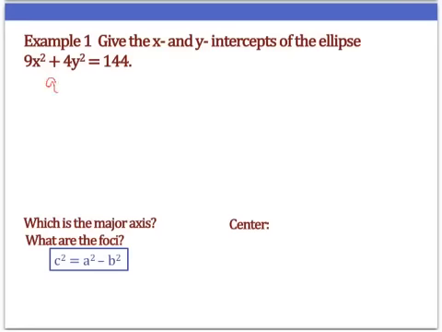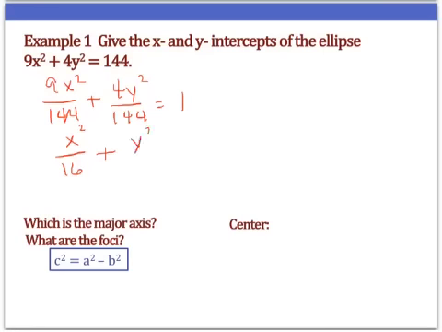So I'm going to have 9x squared divided by 144 plus 4y squared divided by 144, and it's equal to 1. And then we're going to reduce the fractions, and we end up with x squared over 16 and then y squared over 36.